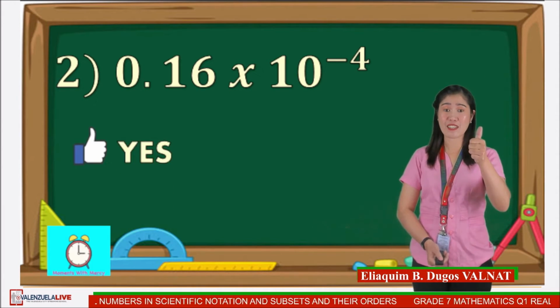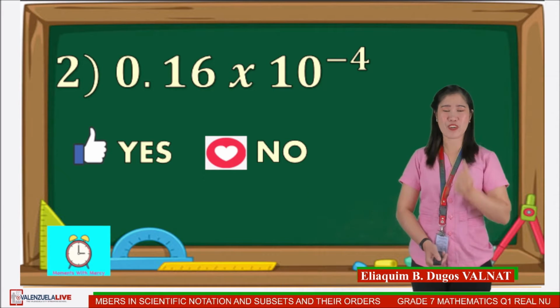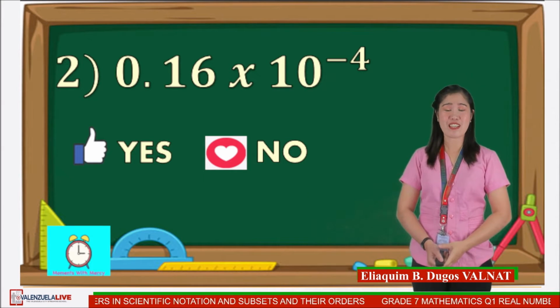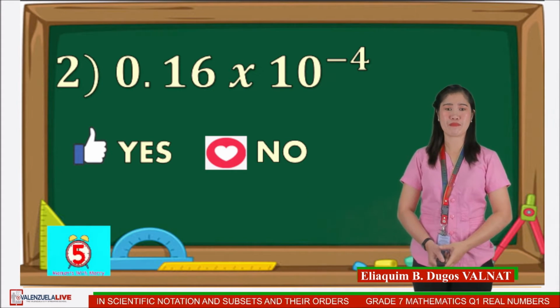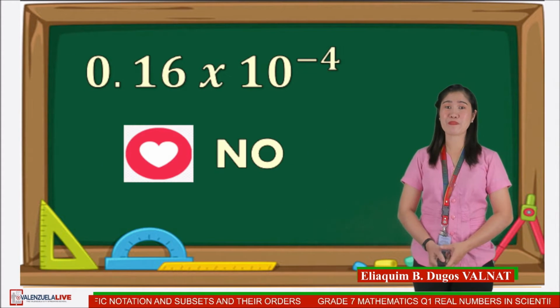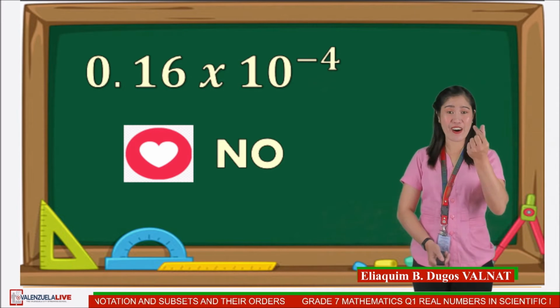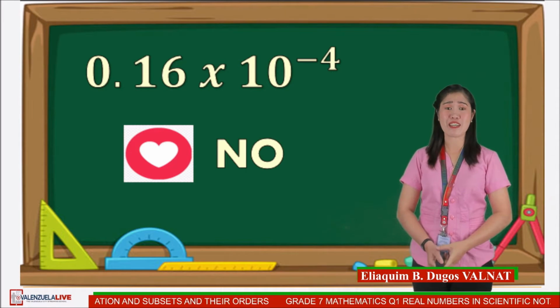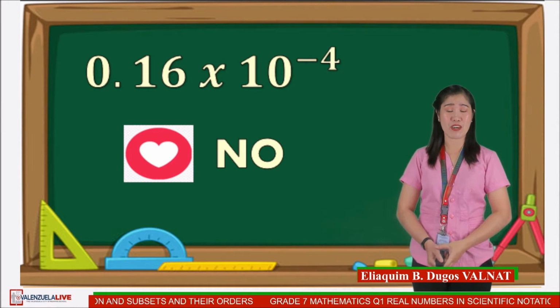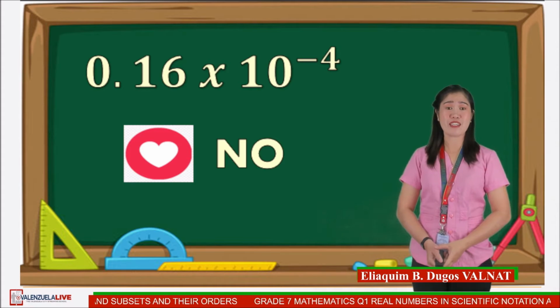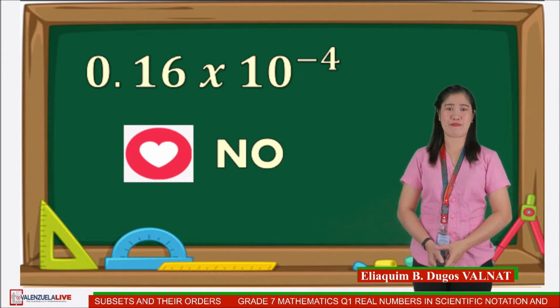Is it like or a heart? Your timer starts now. Time's up. It's a heart. It is not in a scientific notation because the value of a is less than 1.